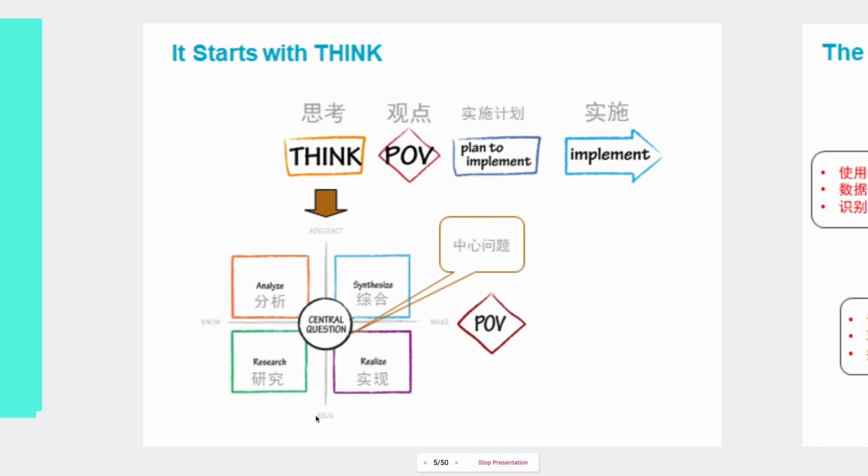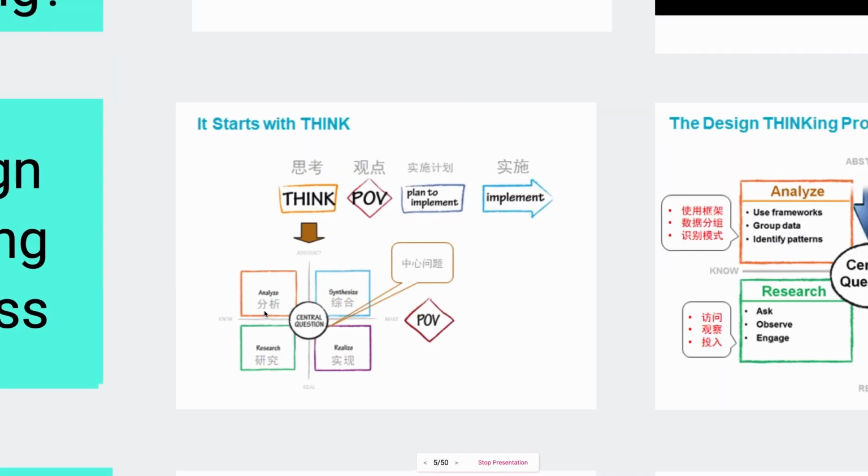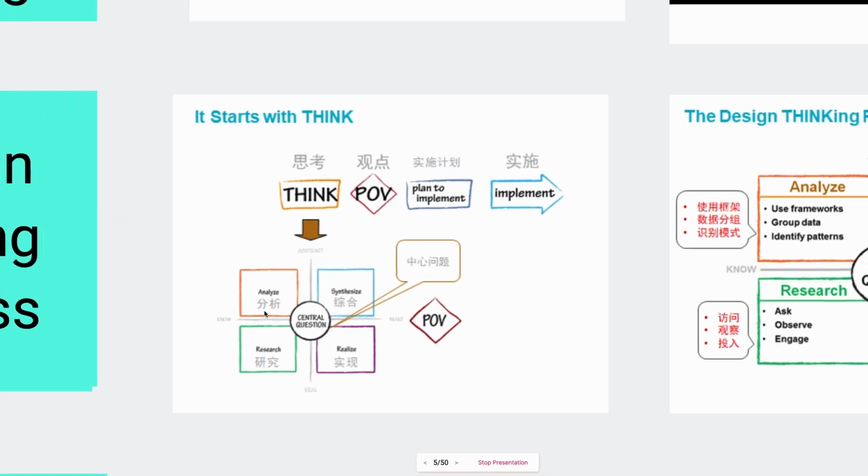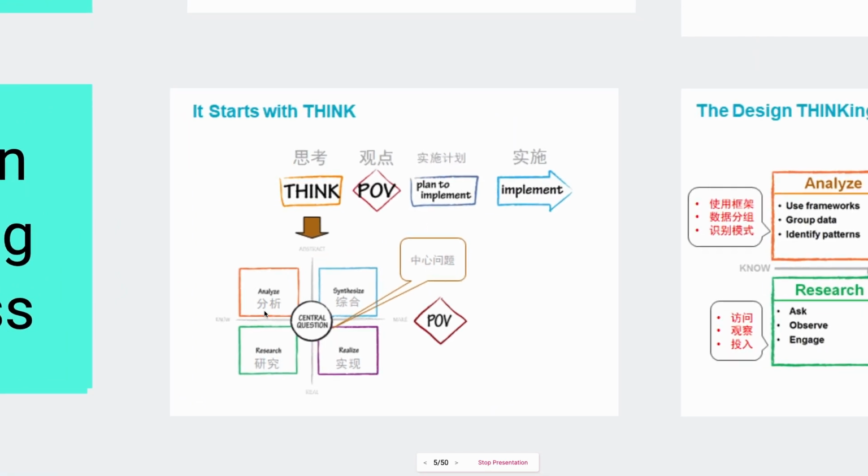The research and realize parts are the real part, and analyze and synthesize are a little bit more abstract, a little bit like our brain: the left part is more logical, and the right part is more creative.